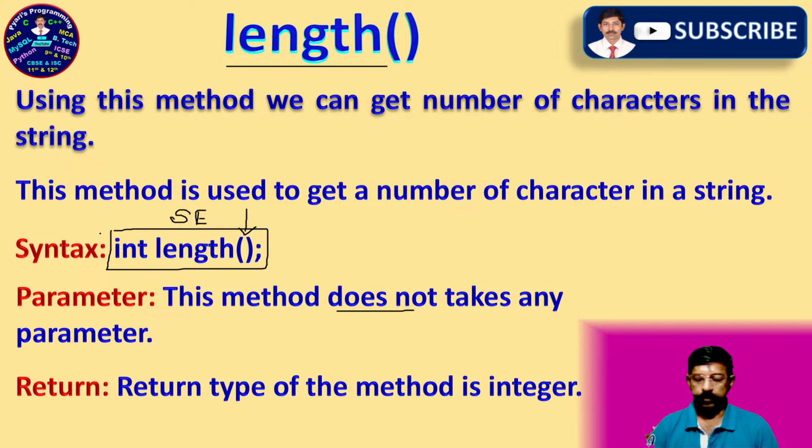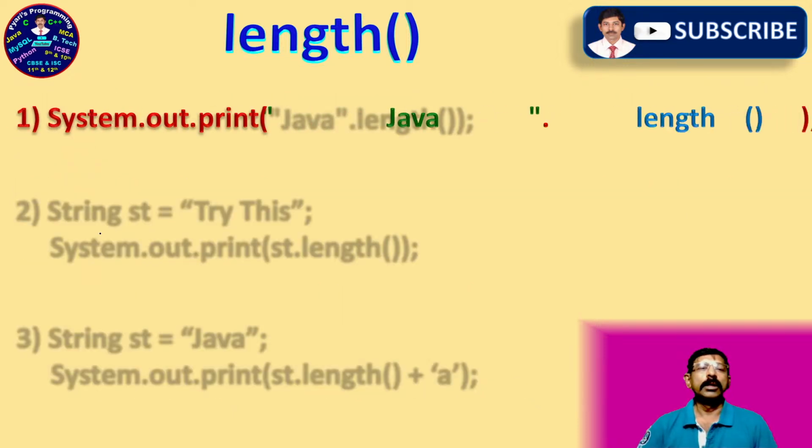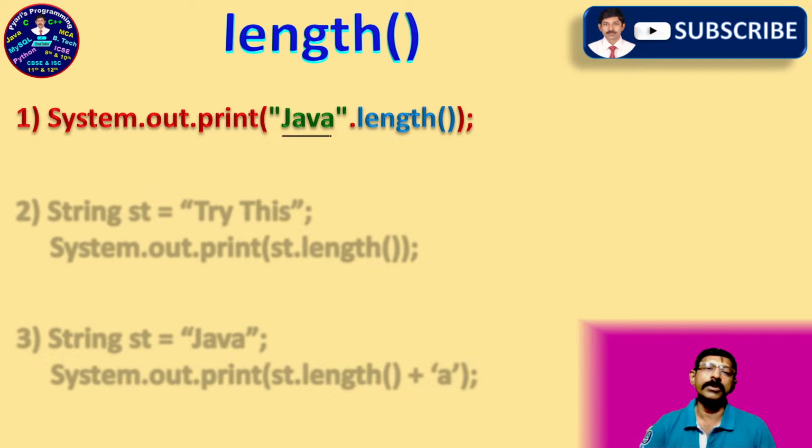Okay. Next part. Here it says System.out.print("Java".length()). Here it can be a constant, it can be a string object also. So with the help of constant, I'm using this length method. This example tells that we can use the string constant. We can also use the string object.